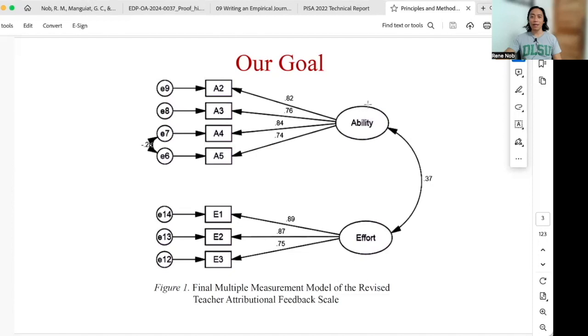Either teachers attribute their successes and failures to ability or the lack of ability, or they attribute them to effort or the lack of effort. And as we can see here, structurally, ability seems to be measured by 4 items, and effort attribution seems to be measured by 3 items. So that essentially is our goal for those who want to develop a scale.